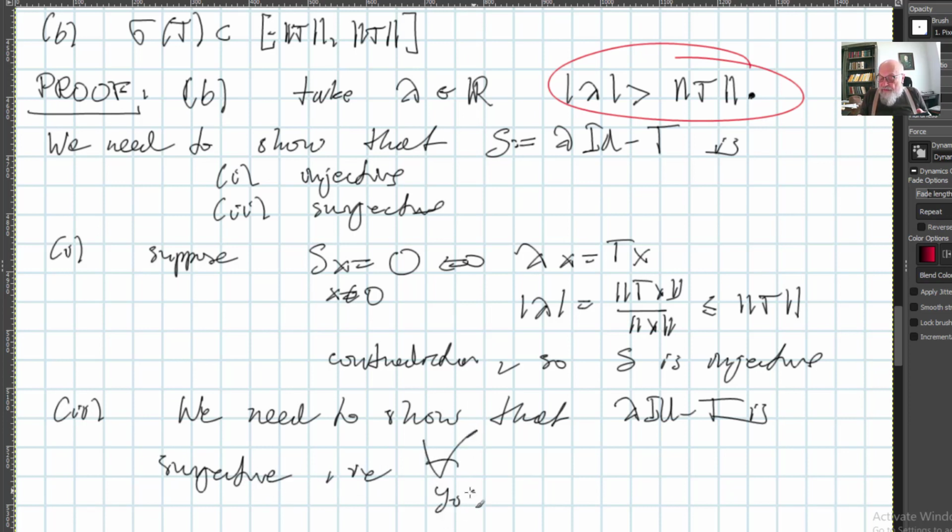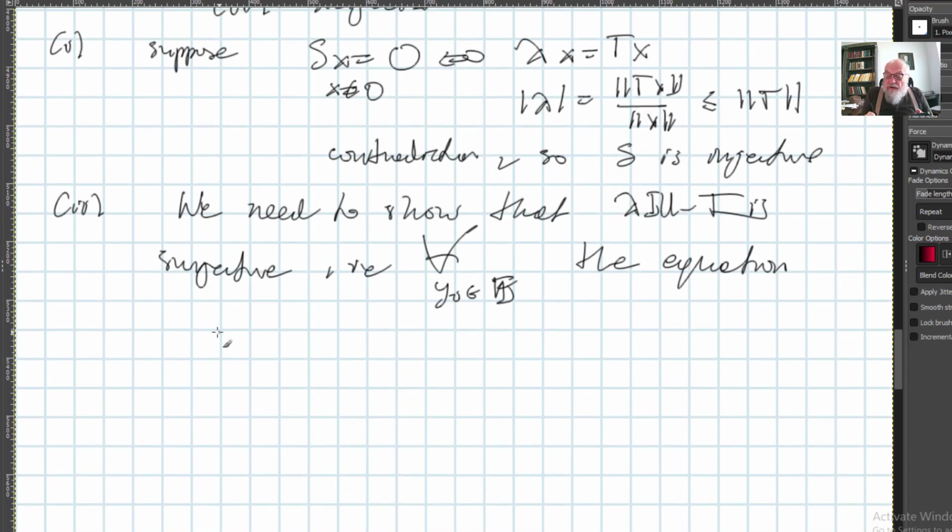That means for every y0 not belonging to E, the equation written like this, lambda x minus Tx equals y0, has a solution.